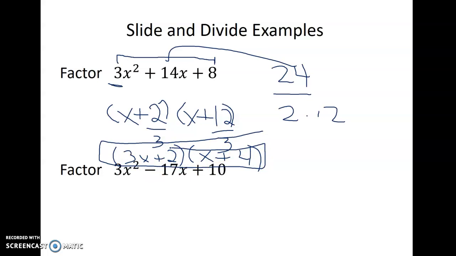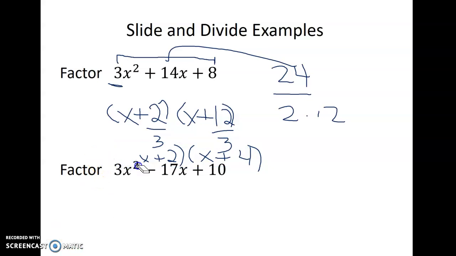This was the first one we did in the box method. We got the same answers. We got 3x plus 2 times x plus 4. Look back at your work. See the box and you see slide and divide? All right, let's look at this next one.